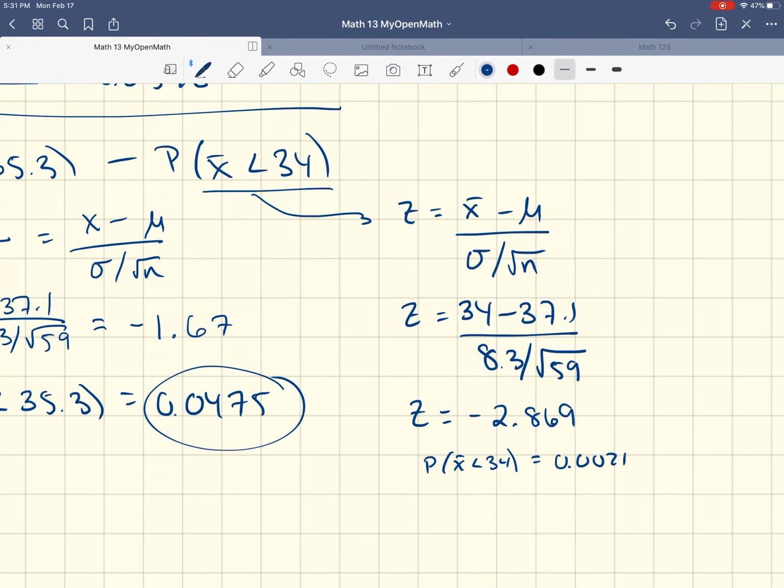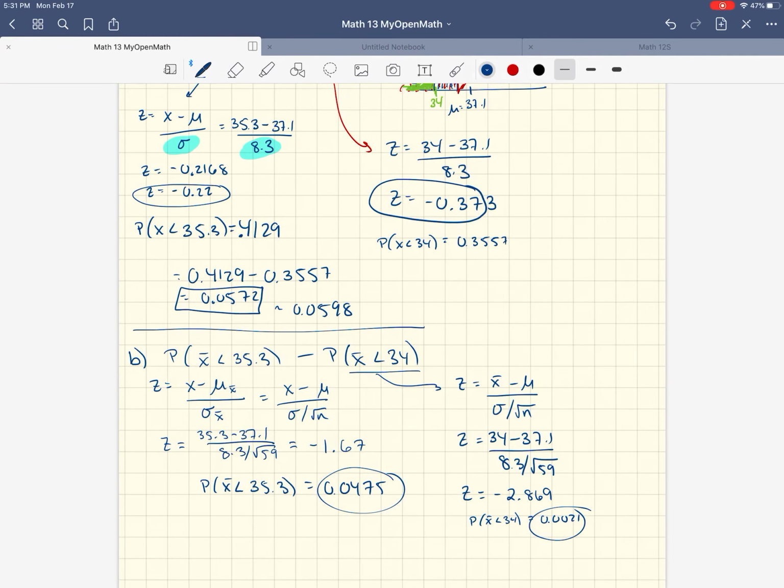So our probability that x bar is less than 34 is 0.0021. Just like in the last one, we take the previous probability and the current probability and we subtract them. So 0.0475 minus 0.0021 gives 0.0454.